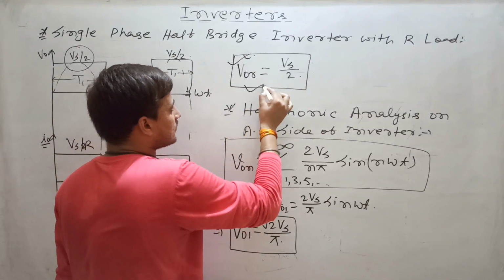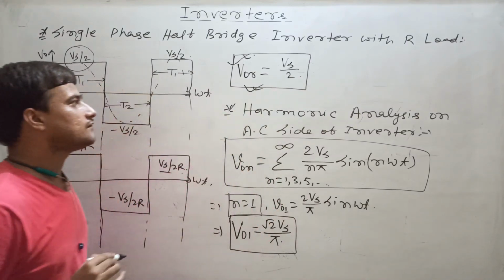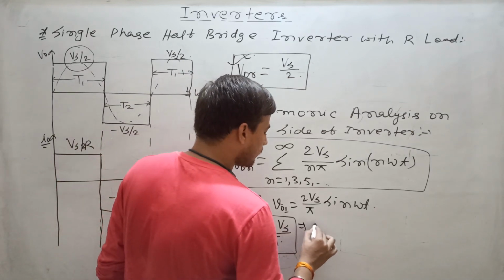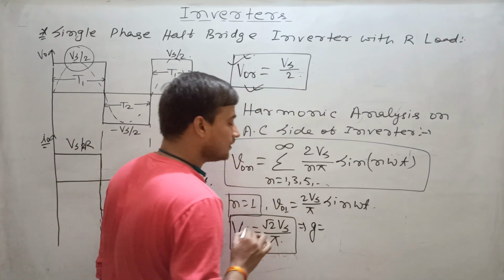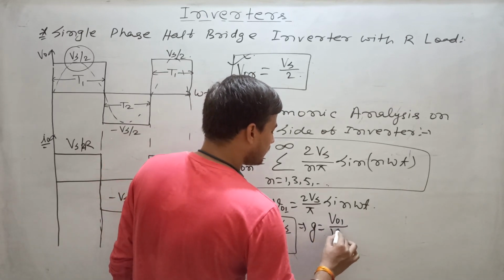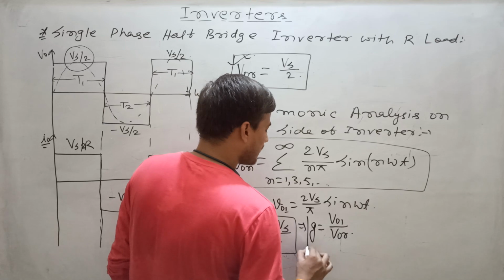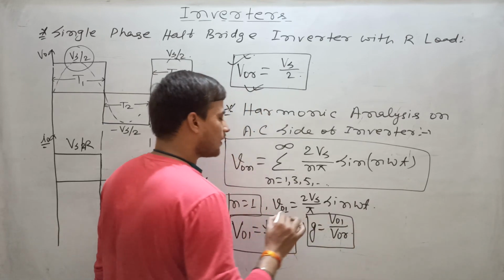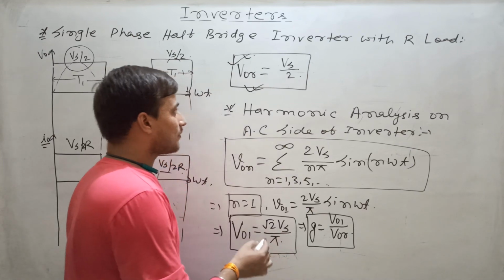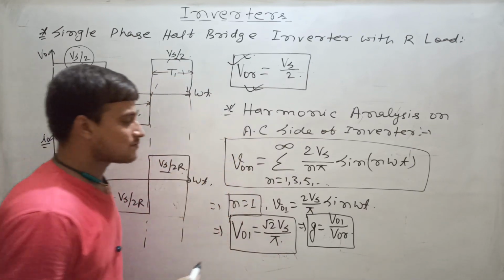The RMS voltage is already known to you, that is V0 equal to Vs by 2. So if you are writing the voltage distortion factor G, G will be written as V01 divided by V0, that means fundamental component divided by total RMS. So 2 root 2 Vs divided by pi, divided by Vs by 2.